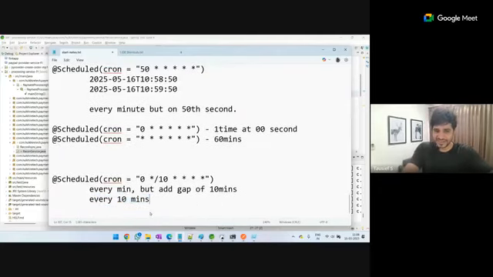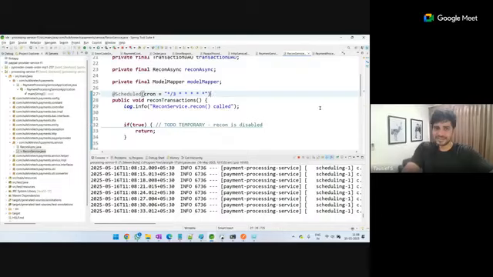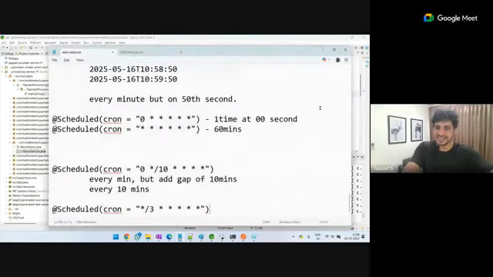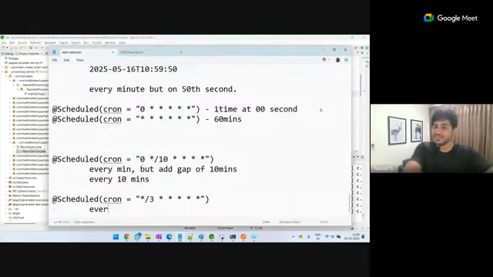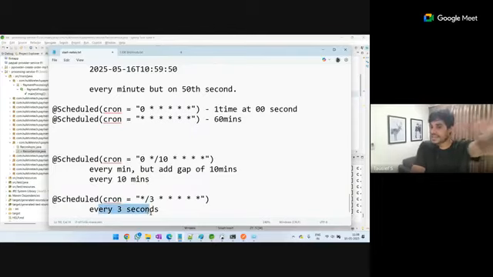In the example that we have taken, we can clearly see that we are saying every second we want to run, but take a gap of 3 seconds between the next run. That is where it becomes every 3 seconds this method should be executed.